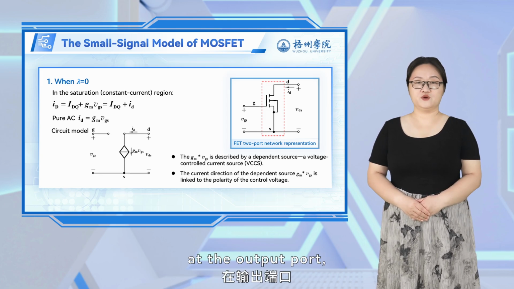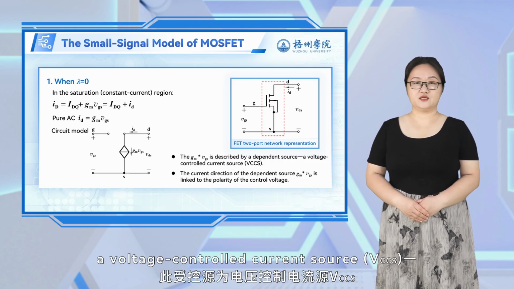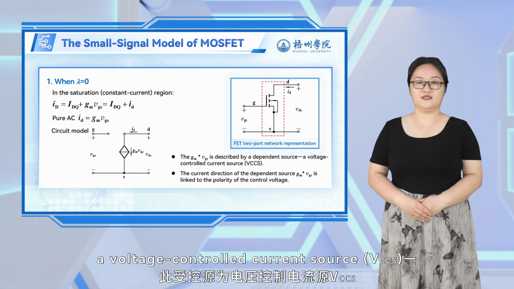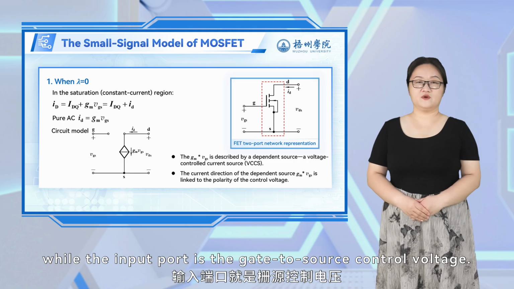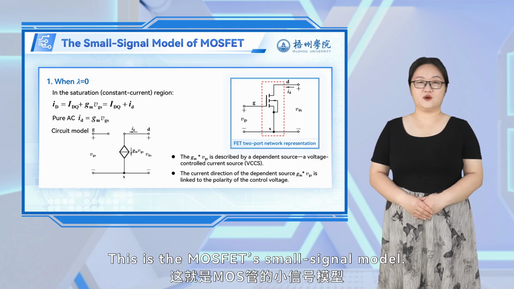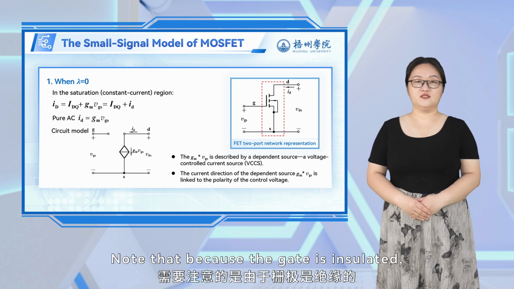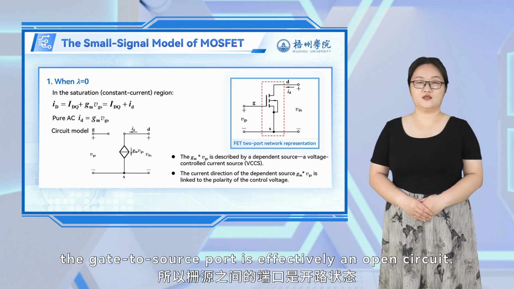At the output port, the drain current is described by a dependent source, a voltage-controlled current source, VCCS, with current flowing from drain to source, while the input port is the gate-to-source control voltage. This is the MOSFET's small signal model. Note that because the gate is insulated, the gate-to-source port is effectively an open circuit.